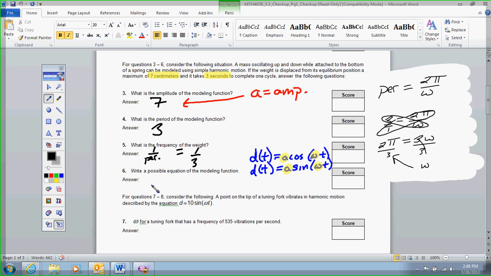So one possible is d of t is equal to a, which is 7, my amplitude, times the cosine of omega, which is 2 pi thirds, or 2/3 pi, t. And that's one way of modeling it.